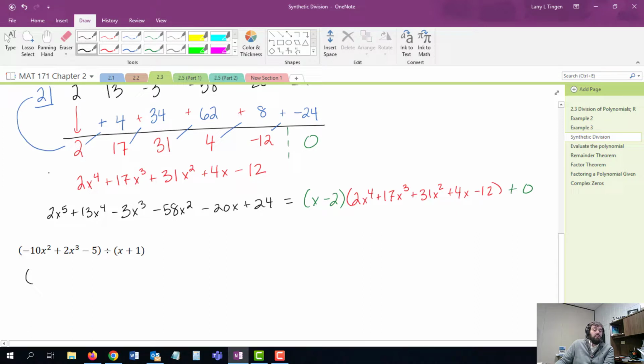Well, if you do that, synthetic division is going to be working on the assumption that the number you're dividing into is negative 10x cubed plus 2x squared. So rewrite highest power first, and then descend from there, 10x squared. I don't have an x term, but I still need to represent it for a placeholder.